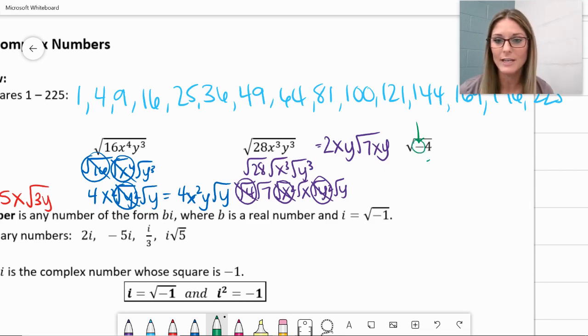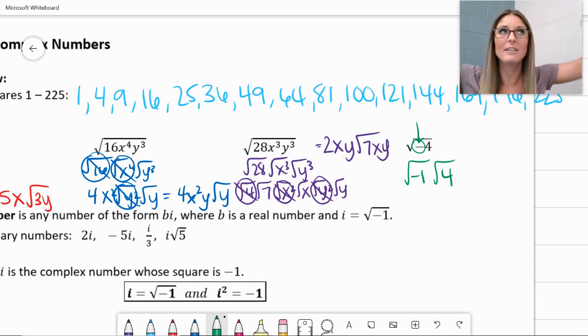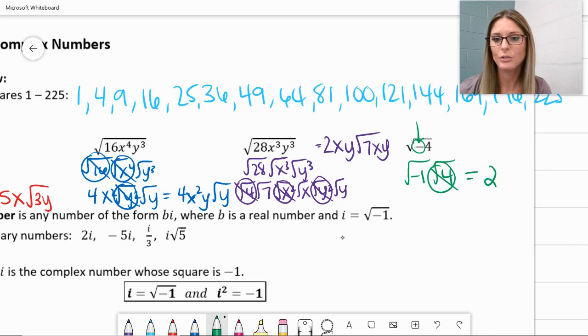So I'm going to rewrite it as the square root of negative 1 times the square root of positive 4, because I can find the square root of 4. I know the square root of 4 is 2. So I'll have 2 and the square root of negative 1. Things seem okay, yes? Well, that's where imaginaries came from.